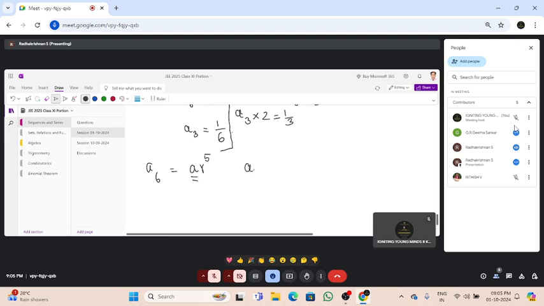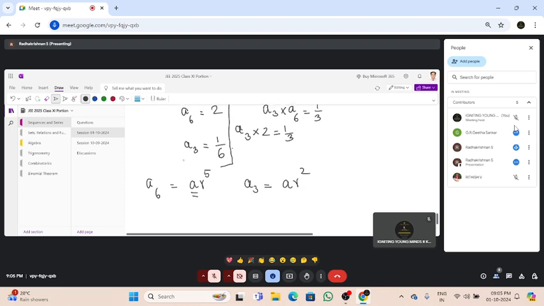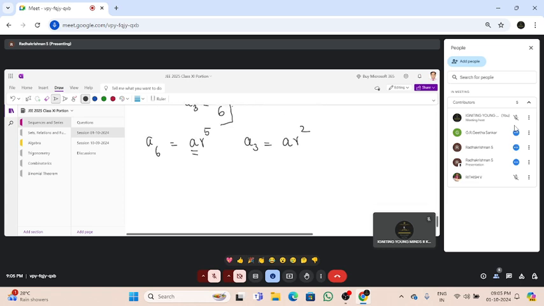So a3ன்றது, அதே மாதிரி a into r square. இப்போ to simplify we divide, then a will go away இல்லையா? a6 by a3 போட்டோம்னா ar power 5 by ar square னு வந்துரும். It is equal to r cube னு வந்துரும்.